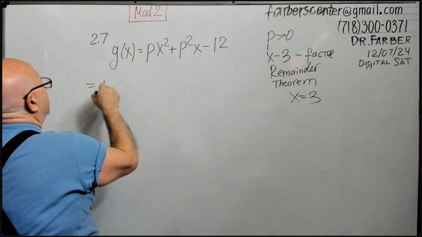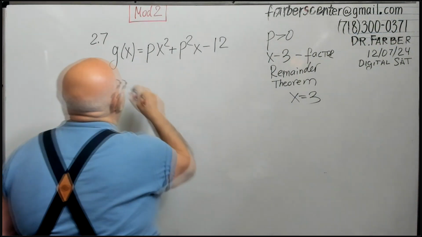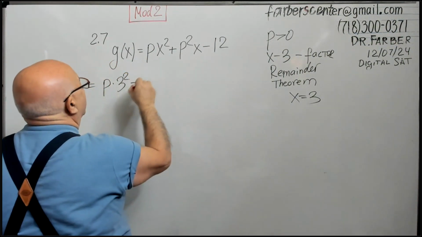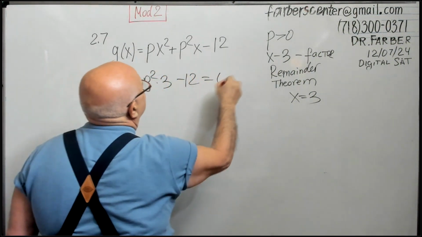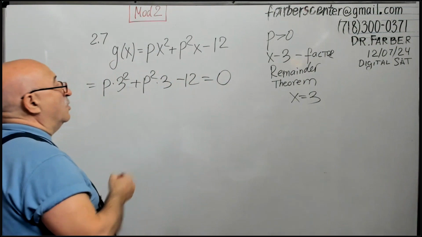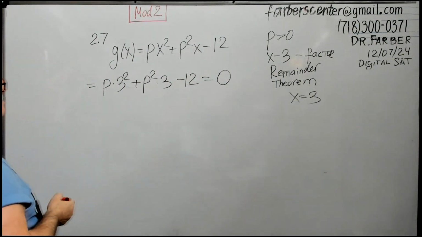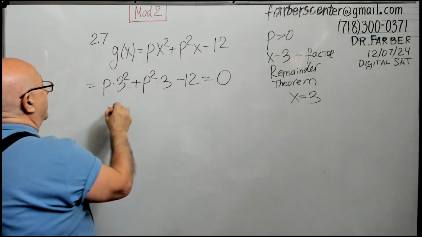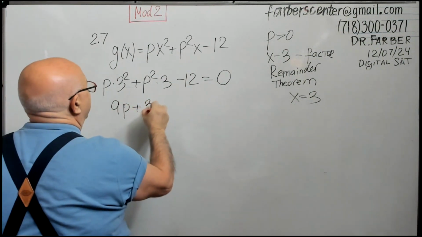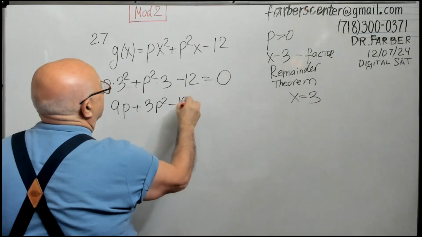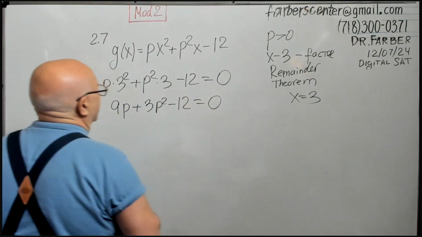Let's do this. It equals p times 3 to the second plus p squared times 3 minus 12 equals 0. No remainder, equal to 0. Or 9p plus 3p squared minus 12 equals 0.